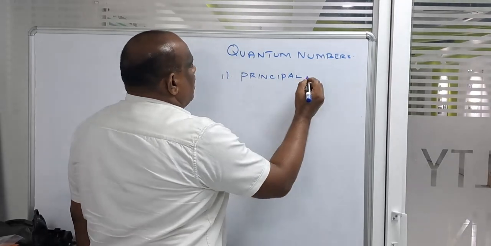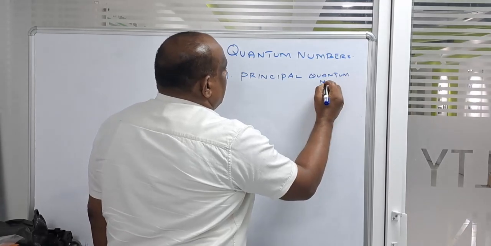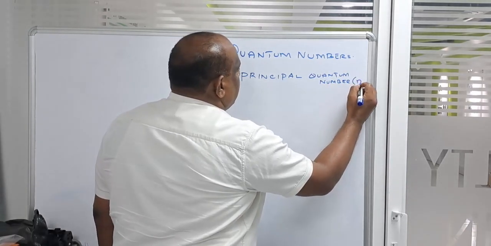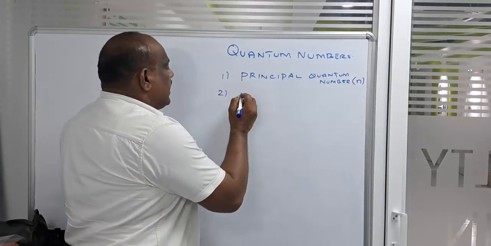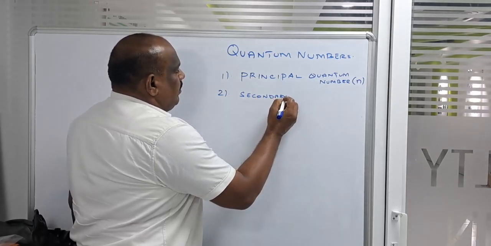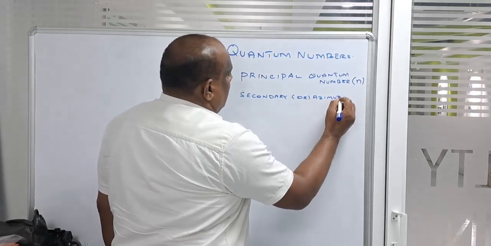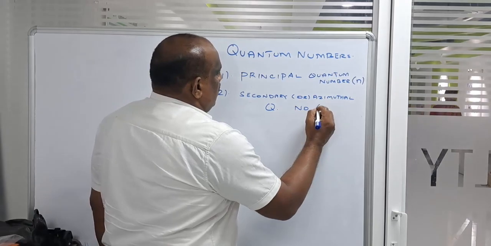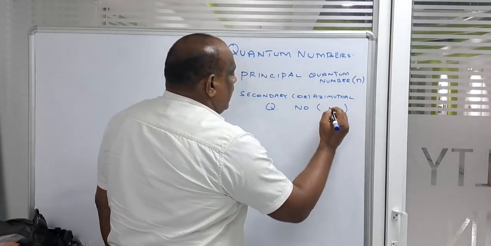The first quantum number is called the principal quantum number. There are four quantum numbers. Generally, this first quantum number, the principal quantum number, is indicated by a small letter n. The second quantum number is called the secondary or azimuthal quantum number. Both are the same.